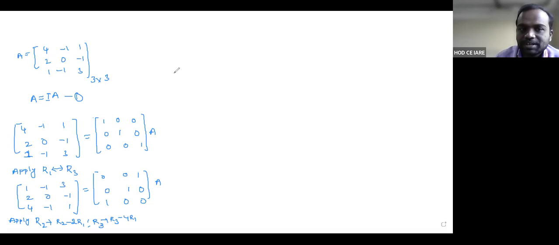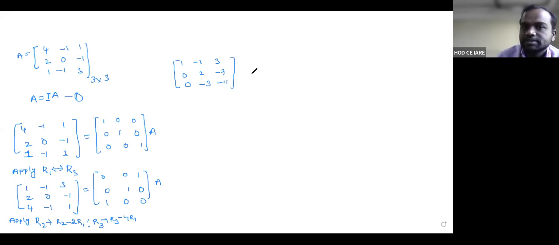What you get is R1 unchanged as 1 minus 1 3. Then 0, minus 2, plus 2; next minus 1 minus 6 is minus 7; 0, minus 1 plus 4, minus 3; next 1 minus 12 is minus 11.